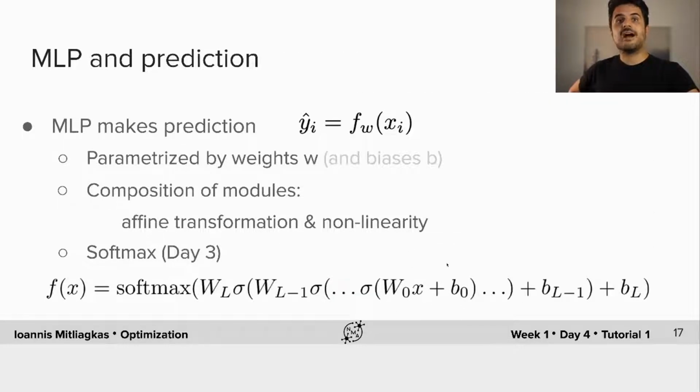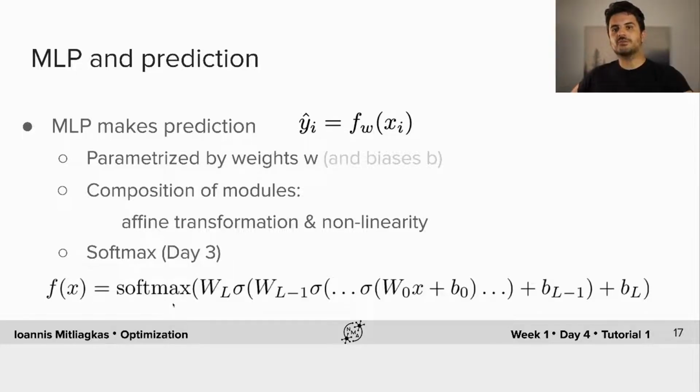This is an affine transformation. And then we apply this non-linearity, sigma, okay? And then we continue. The output of sigma is our first hidden layer, and that becomes the input of the next layer. Affine transformation, non-linearity, and so on and so forth, until we go to the output of the last layer, where we apply a different non-linearity.